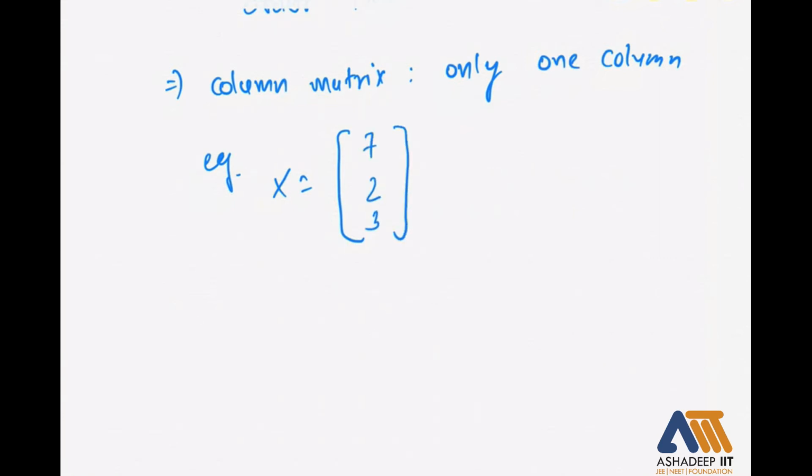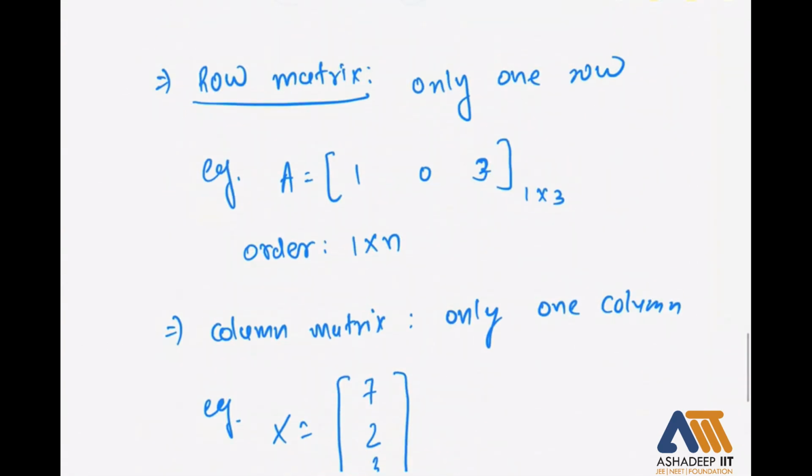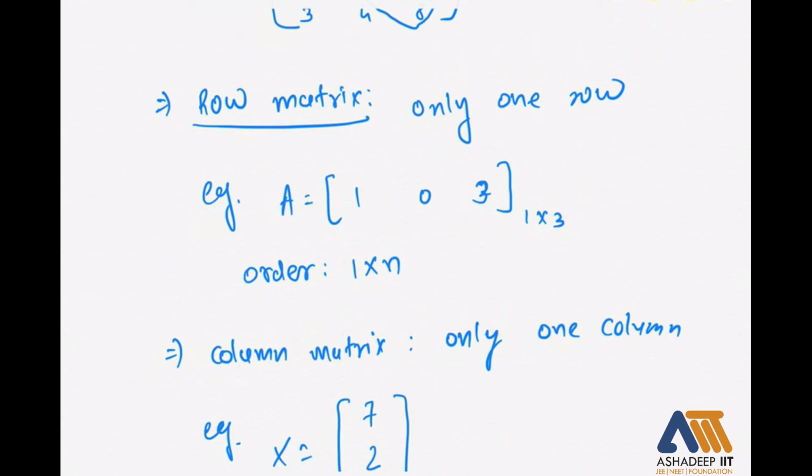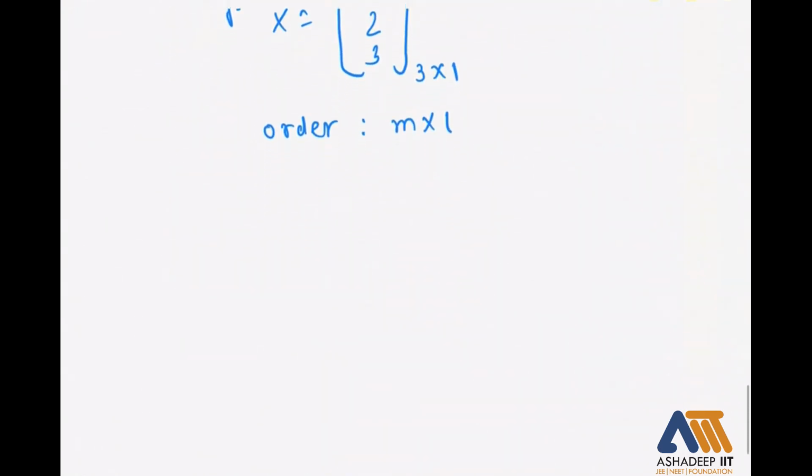Now in this matrix there are 3 rows and 1 column. The order of a column matrix is always in the form m cross 1. A row matrix is also called a horizontal matrix. A column matrix is also called a vertical matrix.